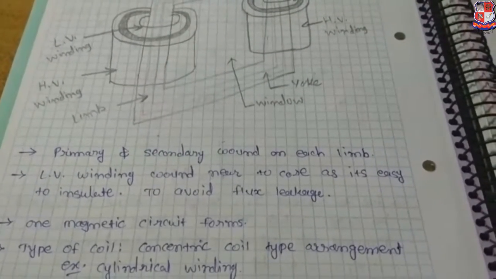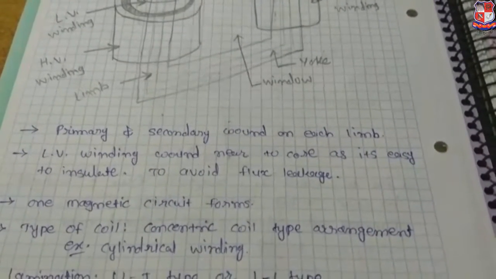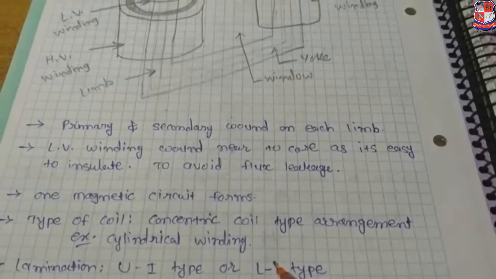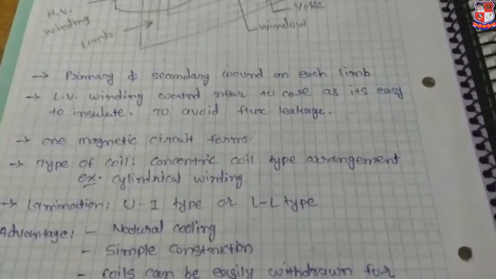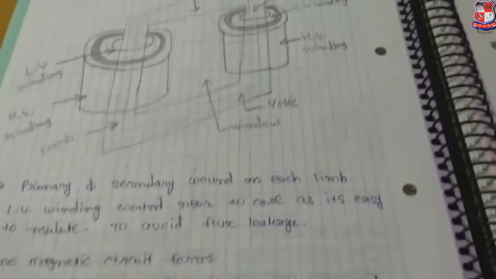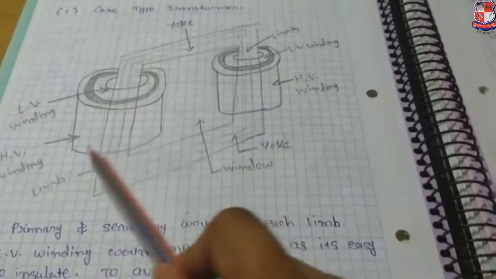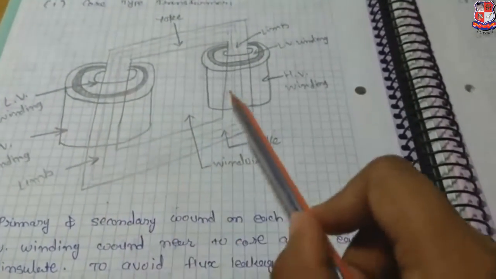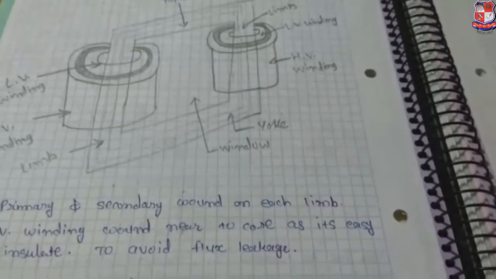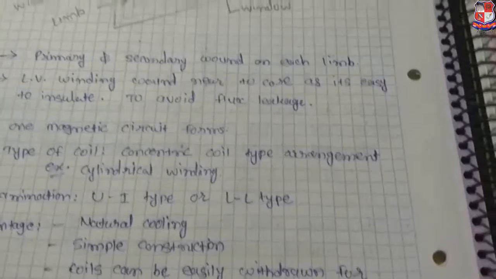The winding type in this transformer is cylindrical winding. And advantages: natural cooling. See, the windings are wound on the outer limbs, so this winding will get more natural cooling in this type of transformer. Second, simple construction.